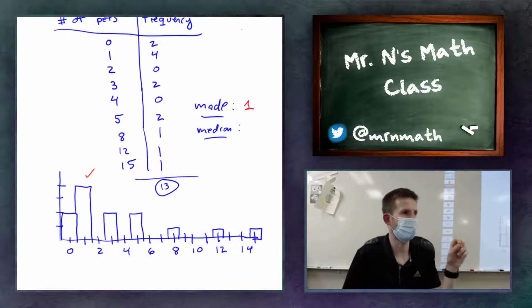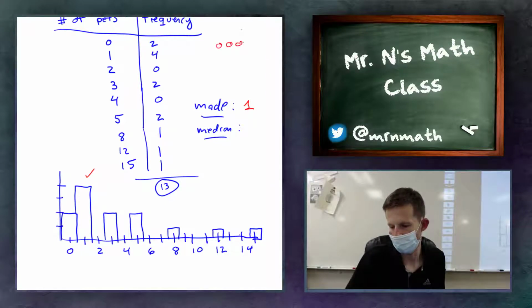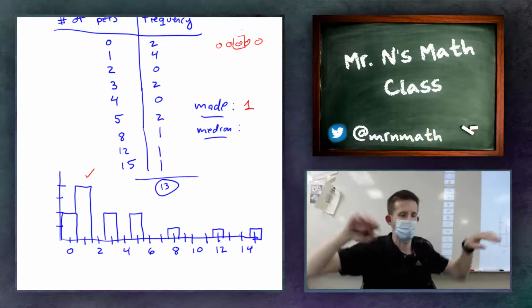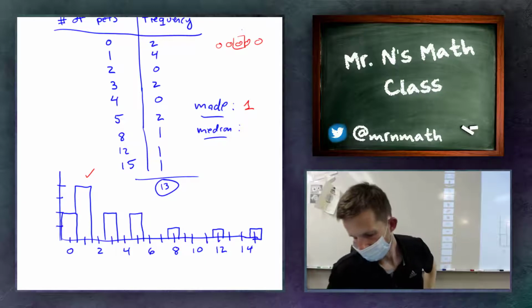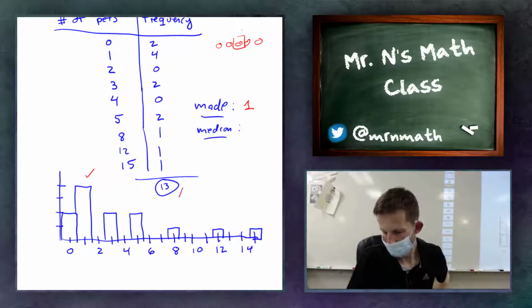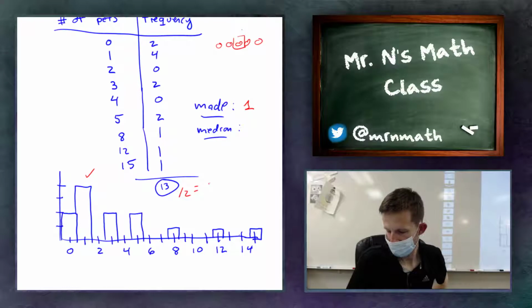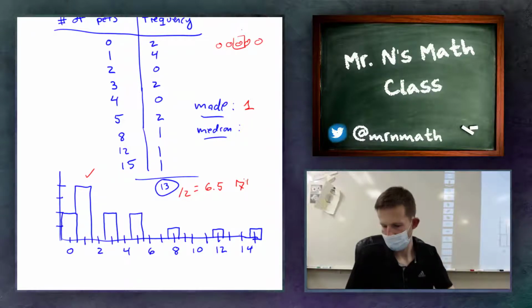Because if I have an odd amount, like if I have 5, 1, 2, 3, 4, 5, it's going to be the one in the middle. 13 divided by 2 is 6.5, so the 7th is going to be the median.